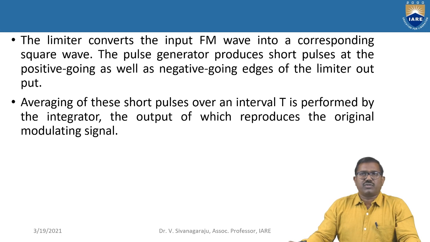The pulse generator produces short pulses at the positive going as well as negative going edges of the limiter output. Averaging of these short pulses over an interval t is performed by the integrator, the output of which reproduces the original modulating signal. So this is the way we find the original message signal.